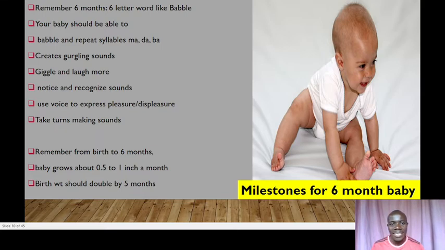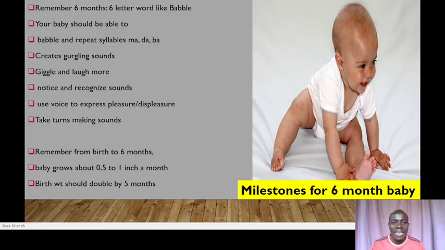All right. What about the milestones at 6 months? At 6 months, we use a 6-letter word, babble. Your baby should be able to babble and repeat syllables like ma, da, ba. They should giggle and laugh more, and they should notice and recognize sounds and can use voices to express displeasure or pleasure.